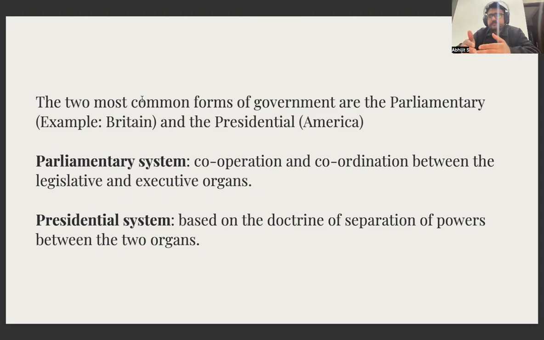The parliamentary system is the cooperation and coordination between the legislative and executive organs. Why? Because the head of the executive comes from the legislature. It is the parliament that forms the legislative assembly of the country, because they enact laws.